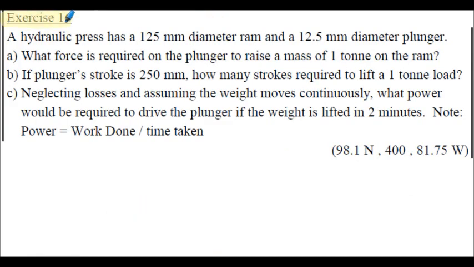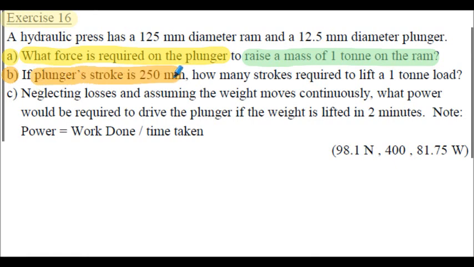And finally I'll leave you with exercise 16 to attempt at your own pace. Given the information, so part A, firstly we have to calculate the force required on the plunger to raise a mass of 1 ton on the ram. Part B, given the plunger's stroke, we've got to calculate how many strokes the plunger makes to lift a 1 ton load.